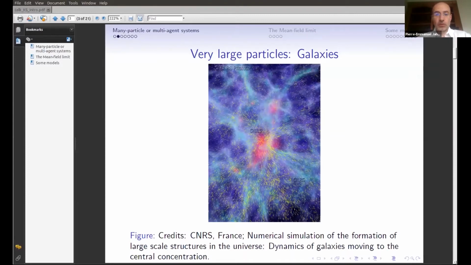And just to give two extreme examples of such systems: this is an actual recent simulation, formation of large scale structure in the universe. And this is the dynamics of galaxies. The colors indicate the density, with, as usual, red indicating a higher density, blue a lower one, and the small yellow lines indicate the velocity of the galaxies.